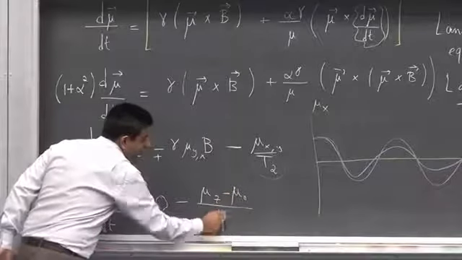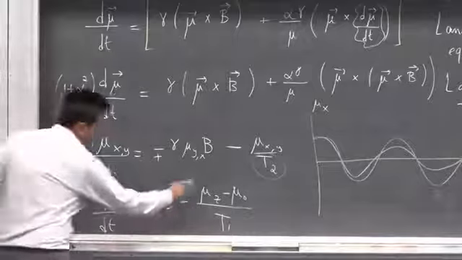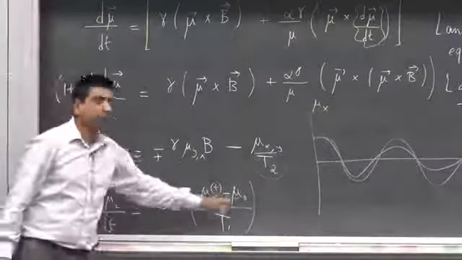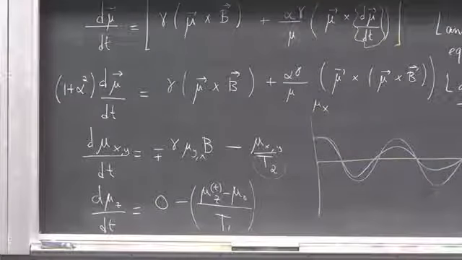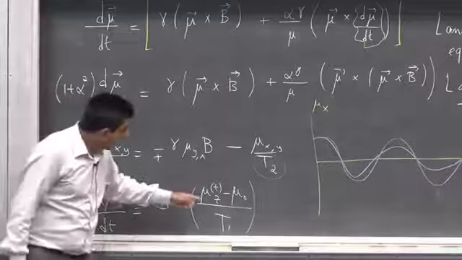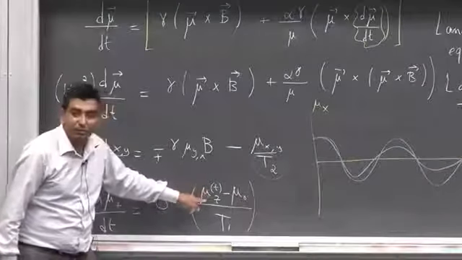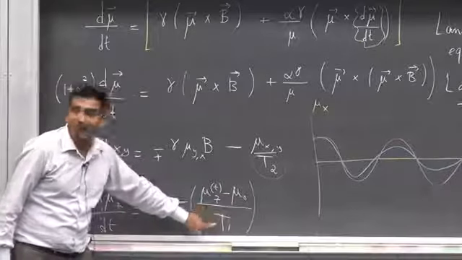But what this kind of relaxation is going to do is, let me first explain this. Mu z is the z component of the magnetic moment, and mu naught is the equilibrium magnetization, the equilibrium z component of the magnetic moment. In equilibrium, it's mu naught. So, how far is your instantaneous magnetic moment z component from its equilibrium value divided by a time constant?